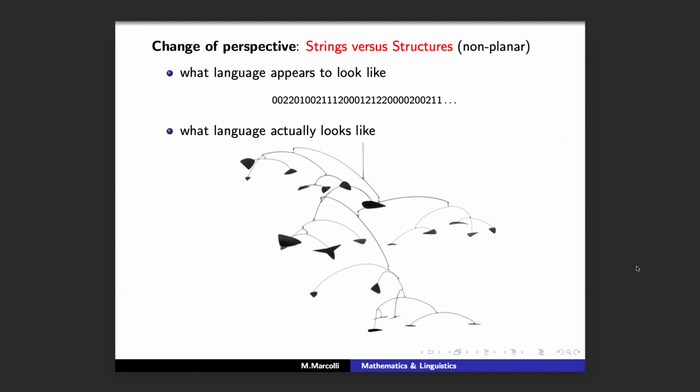These two are supposed to be equivalent, or is one more informative than the other? Yeah, so the idea is that these non-planar structures are the fundamental ones, and they are the ones that get computed. Then, depending on how your process of language learning happened, they acquire a planar embedding that is consistent with the word order properties of one language rather than another. But they are computed a priori just as these abstract structures.